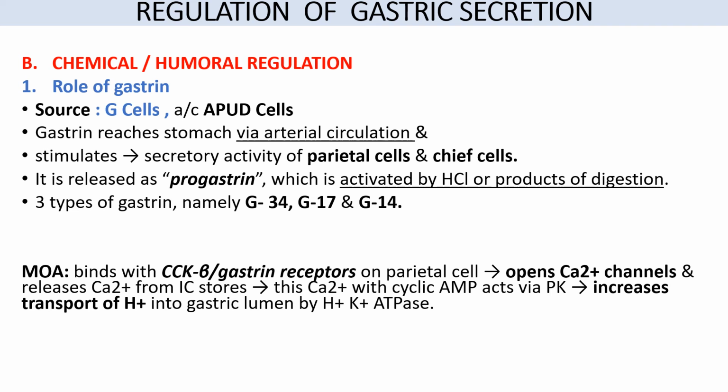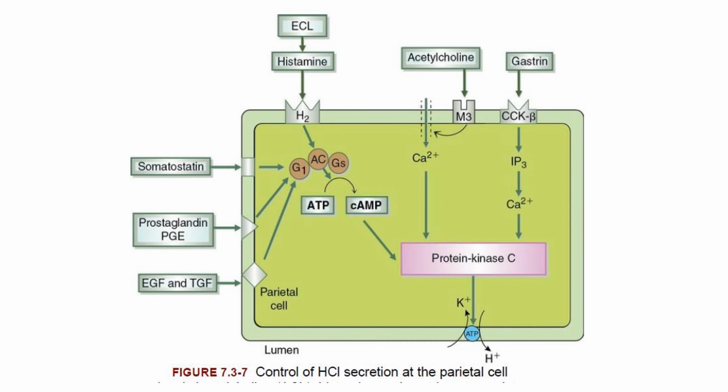After release, this gastrin hormone enters the arterial circulation and reaches the stomach, where it stimulates the parietal cells and the chief cells to secrete hydrochloric acid and intrinsic factor respectively. Here in this diagram you can see how gastrin and other hormones act on the parietal cells to cause various effects.